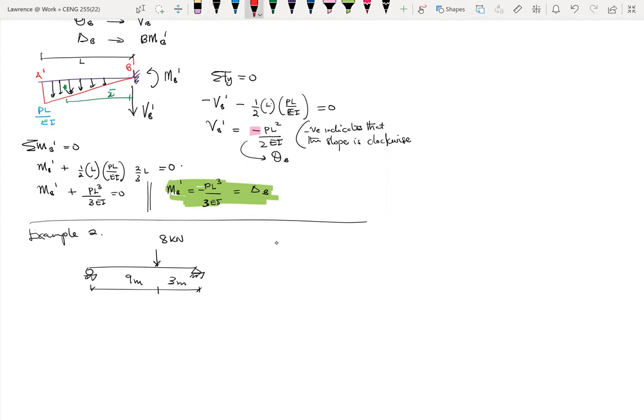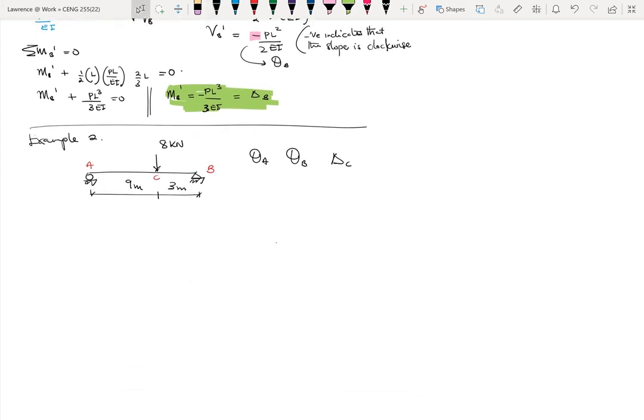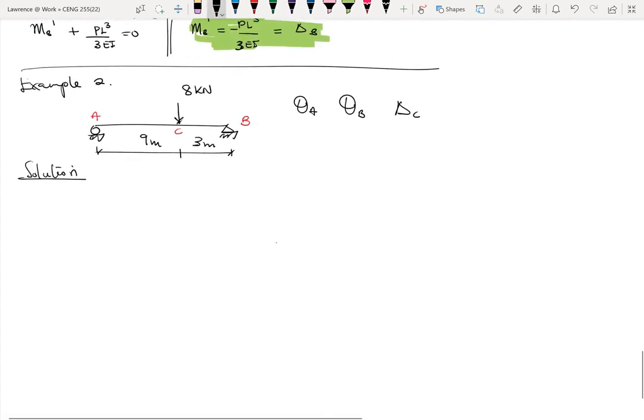Okay, so I have these points A, B, and C. And I'm to determine the slope at A, slope at B, and then deflection at C. So again, I go through all of these again. So I can draw the bending moment diagram. So let me say solution. So this is the bending moment diagram.